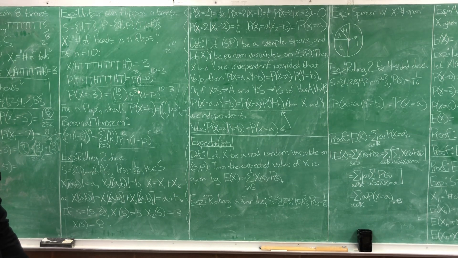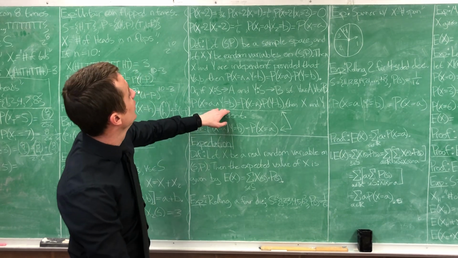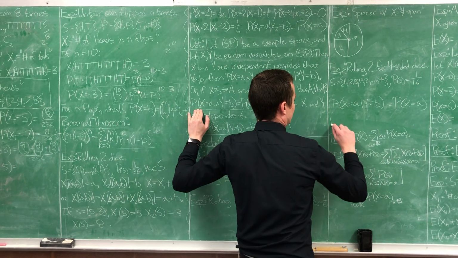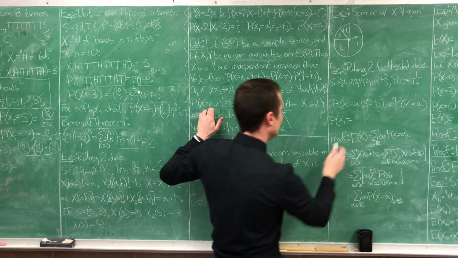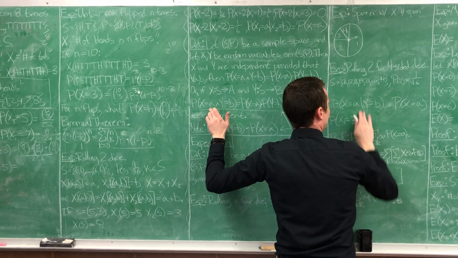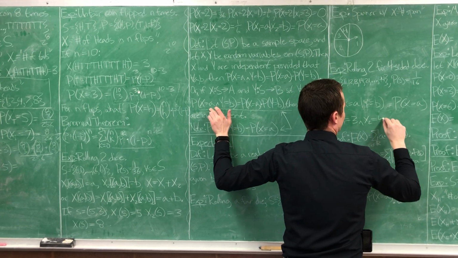You go with that? Need an example where we do this? Okay, let's redo this one thinking about it this way. What is the probability that X1 is equal to, give me a number, 3, and X2 is equal to 4?